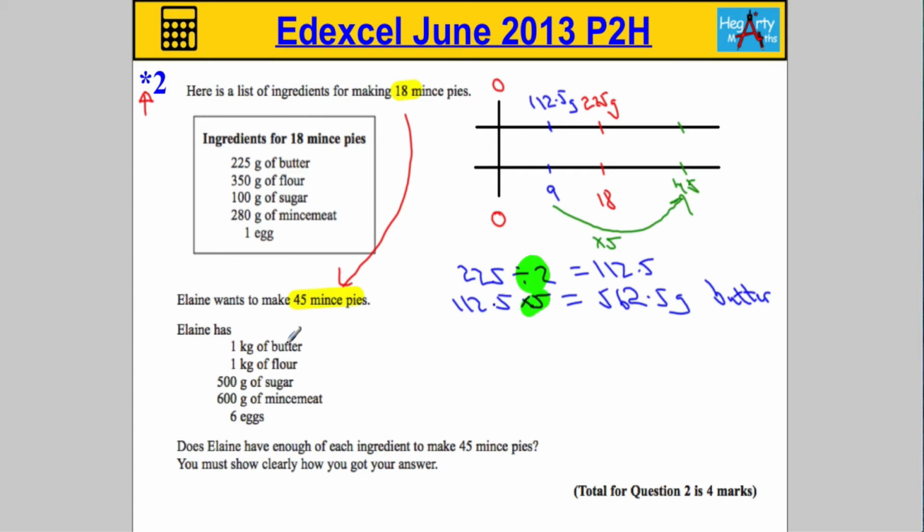So let's have a look at the situation with flour. So 350 grams is required for 18. So you're going to do 350. We're going to divide it by 2 to get 175.